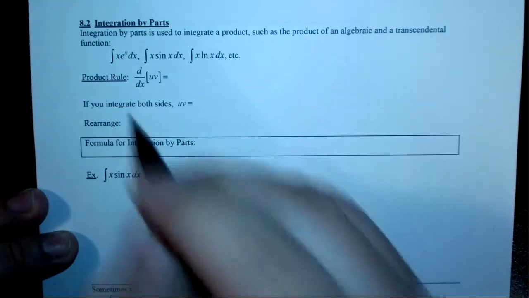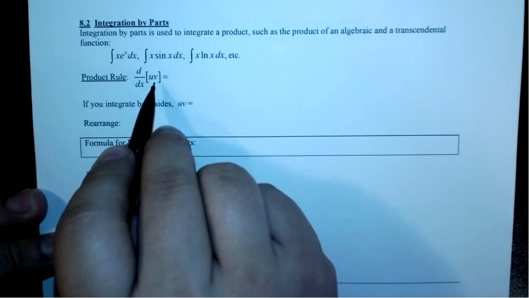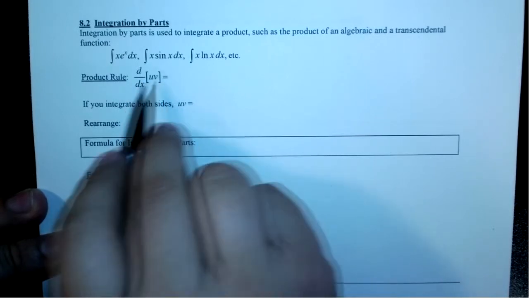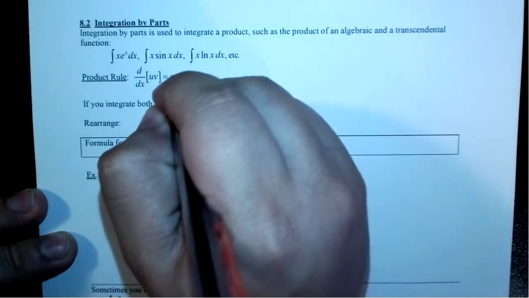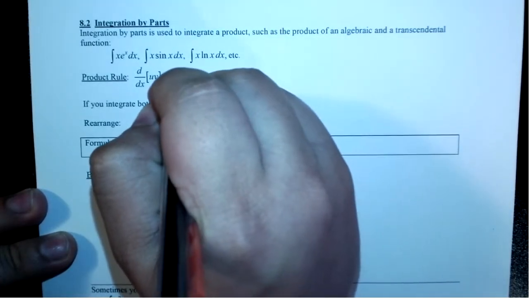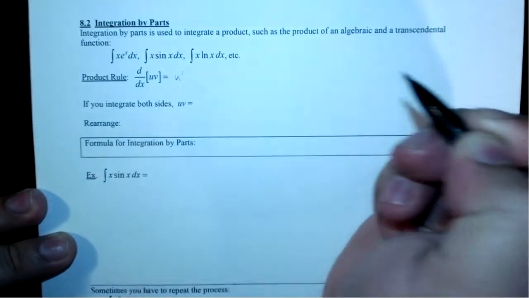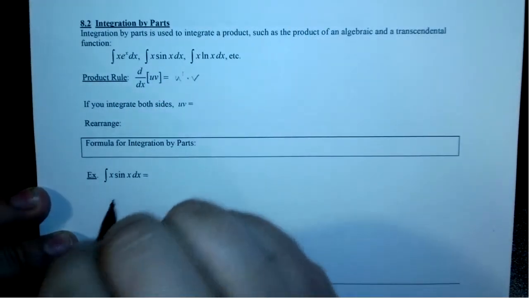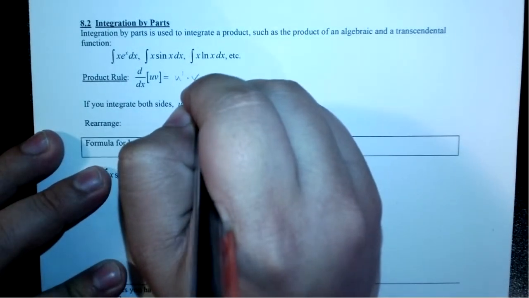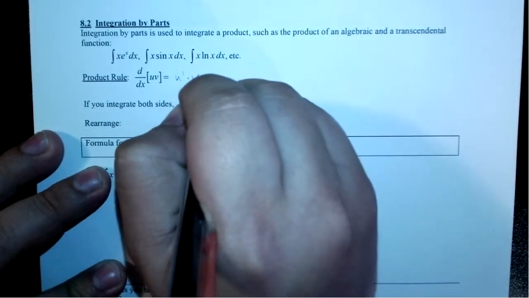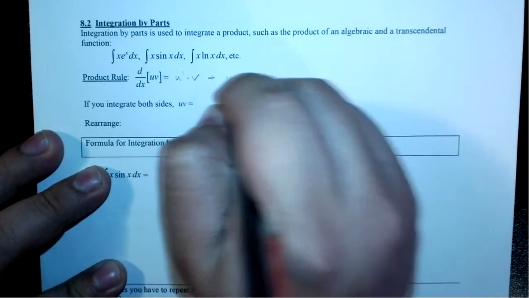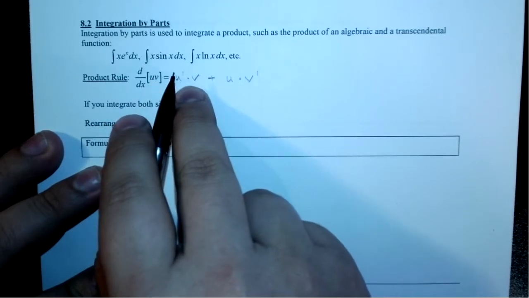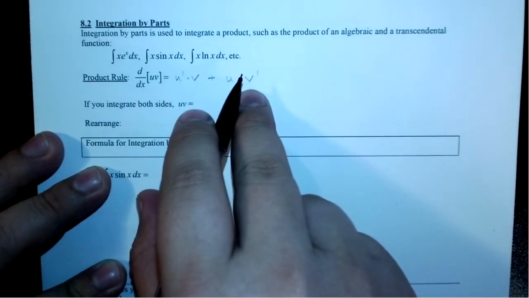So if you have a function u and a function v, the derivative of u times v, according to the product rule, would be u prime times v, okay, now that's the first part, plus u times v prime. So in other words, derivative of the first times the second plus the first times the derivative of the second.